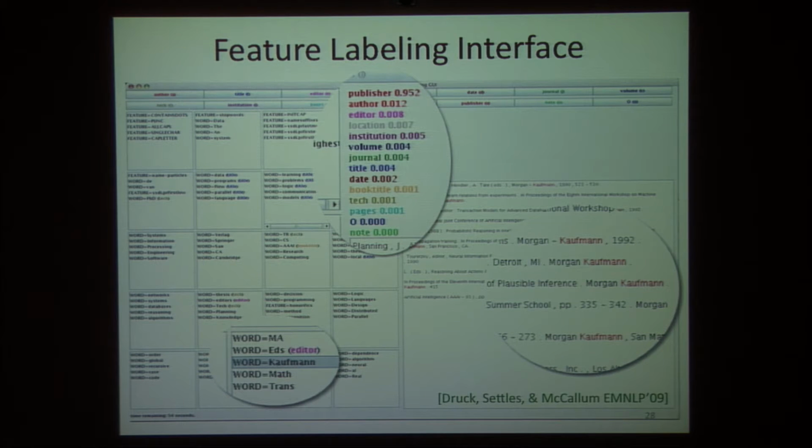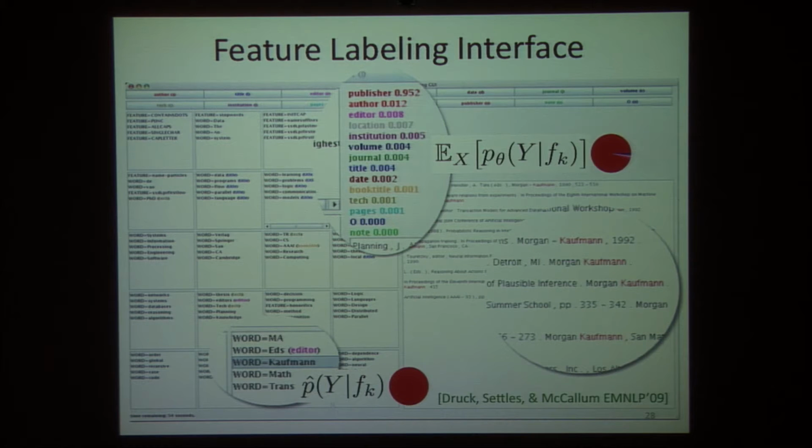So if the user were then to decide that the word Kaufman should be labeled with publisher, that provides a reference distribution that says 100% publisher. And in the upper right-hand corner is the model's expected label distribution. What the training procedure is trying to do is, for each such labeling, get those pies to look as similar as possible. So that's what the training procedure is doing.